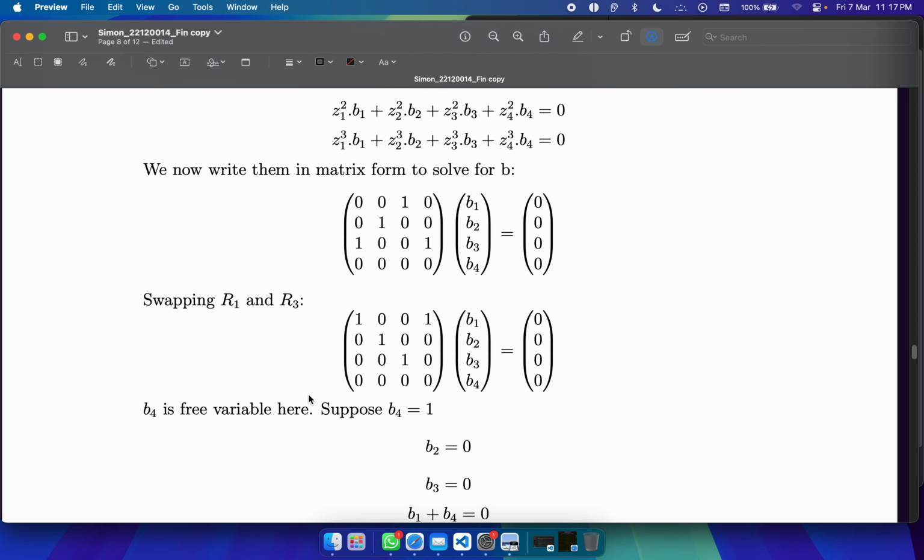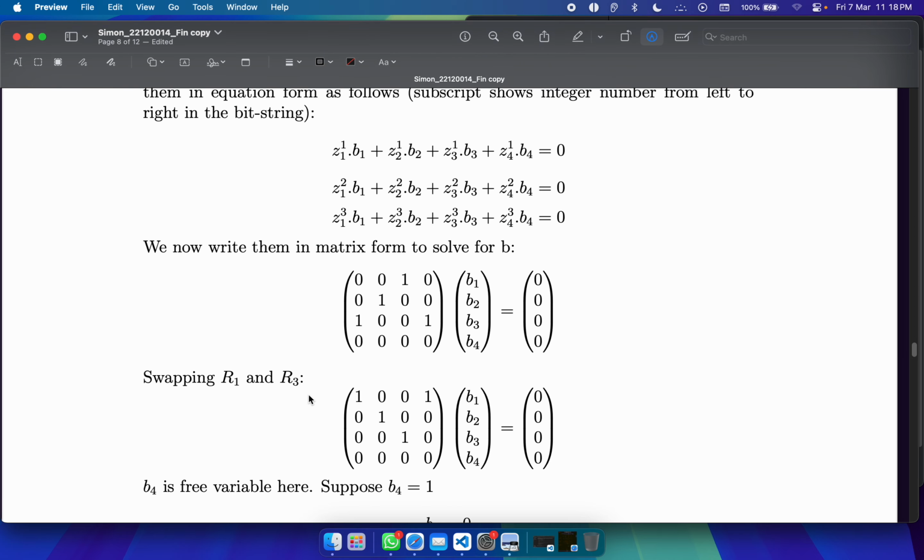We check the dot product with each of the z's, with each of the outputs, right?